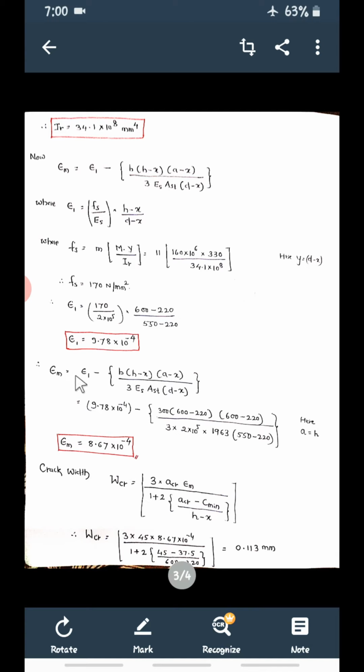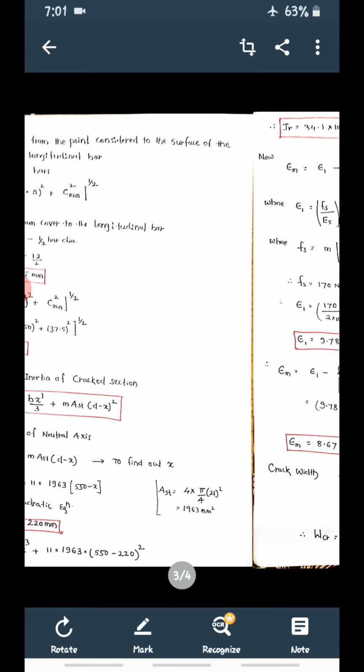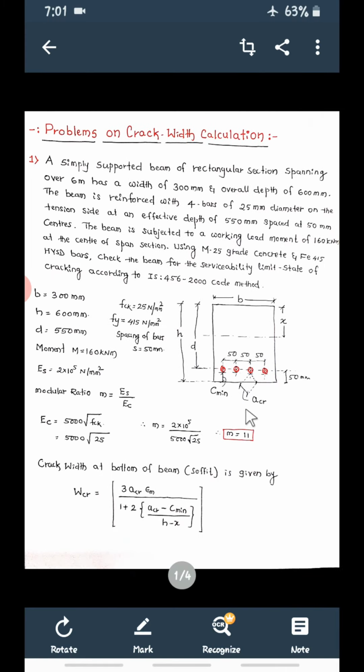Therefore epsilon m is equal to this epsilon 1 minus this formula. So epsilon 1, 9.78 into 10 raised to minus 4, minus, substituting all the values: b, width of beam 300, overall depth 600 minus neutral axis depth 220, into a. Here a is nothing but overall depth h that we have to substitute, because we are calculating crack width at the bottom.